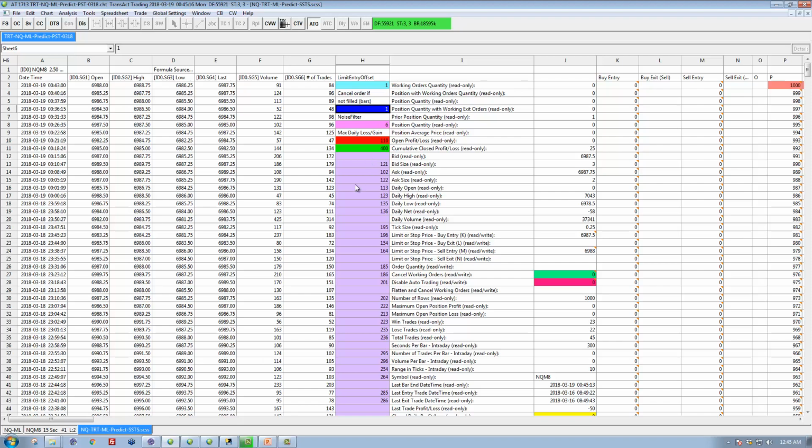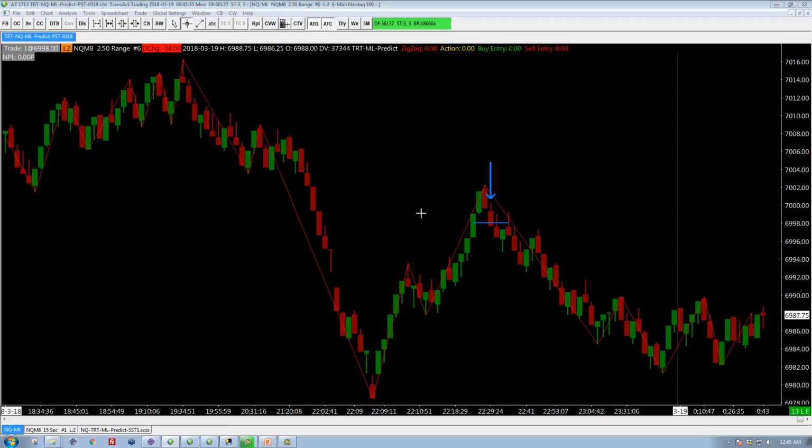This next dark blue cell is related to the limit entry offset in that you can place that order, but you may not get filled. And the question is, how long do you wait before you cancel the order? So let's go back and look here. Let's say I get a signal on this bar right here, and I place my order 1 tick back right here.